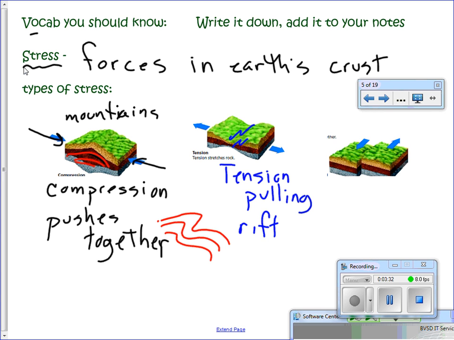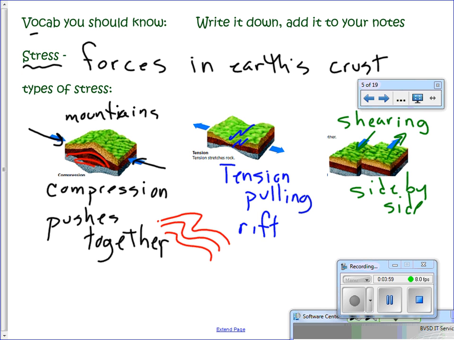That sounds exactly right. And then finally, the third type of force is called shearing. Now this one's a little more confusing, but shearing, like scissors, is a side-by-side force where one part is going this way, the other part's going the other way, in opposite directions.